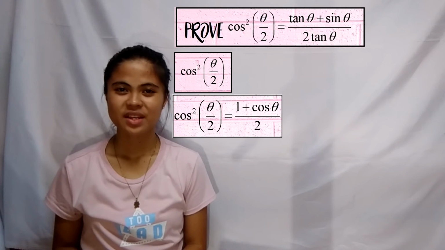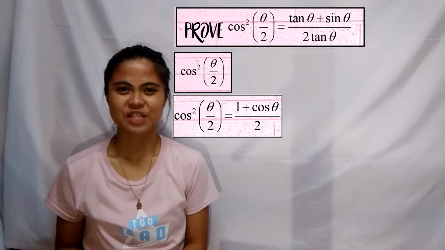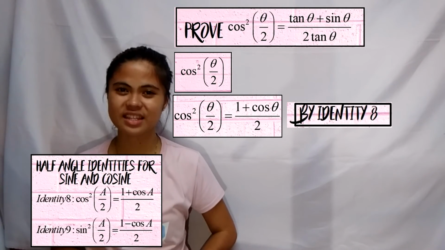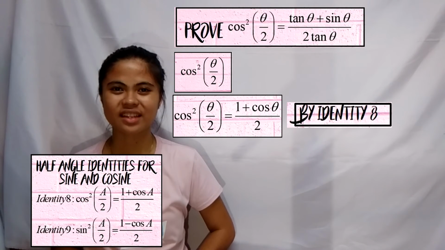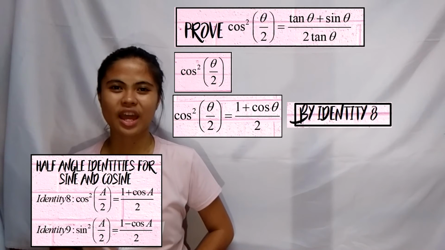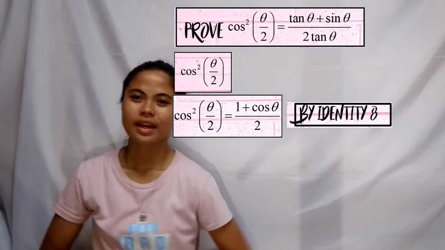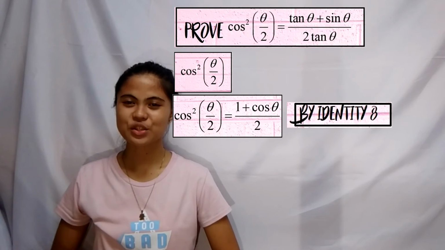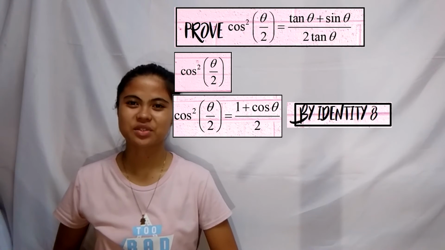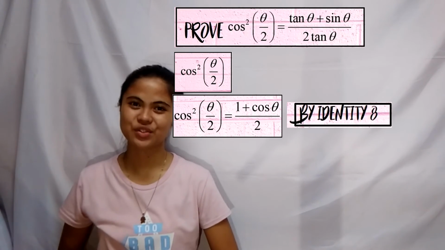For the first step, since cosine squared of theta over 2 is from identity number 8, or the half angle identity for cosine, that is cosine squared of a over 2 is equal to 1 plus cosine a over 2. Then, we can use it to prove cosine squared of theta over 2 is equal to tangent theta plus sine theta over 2 tangent theta.